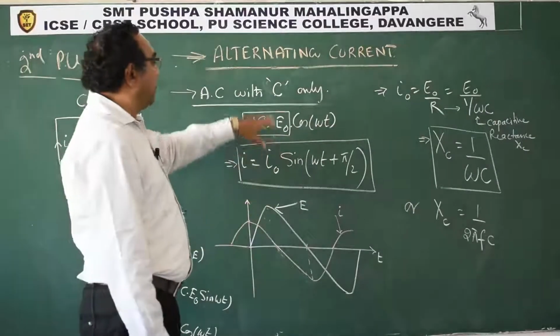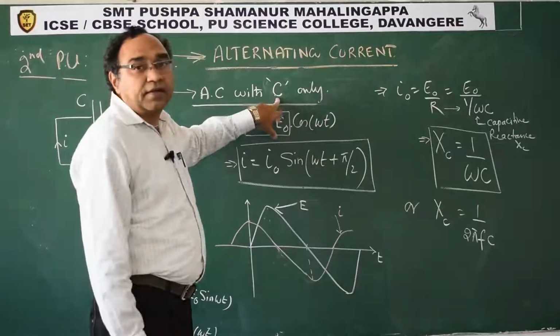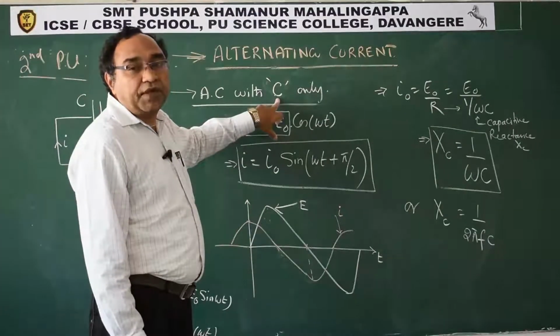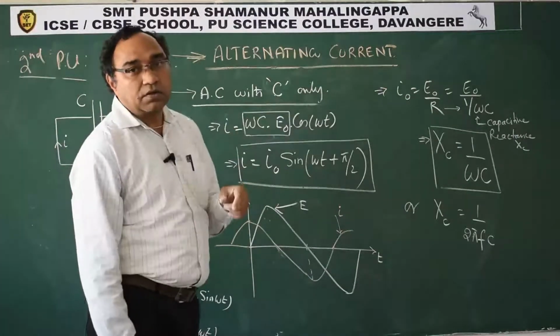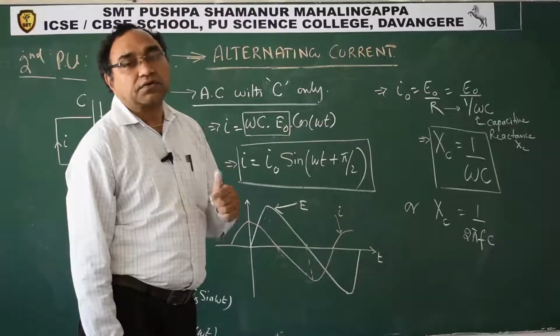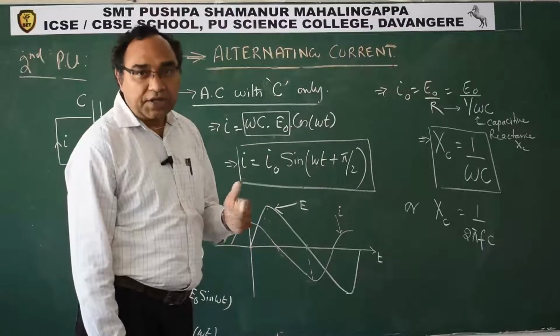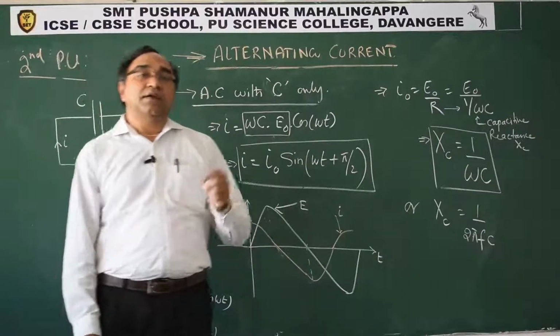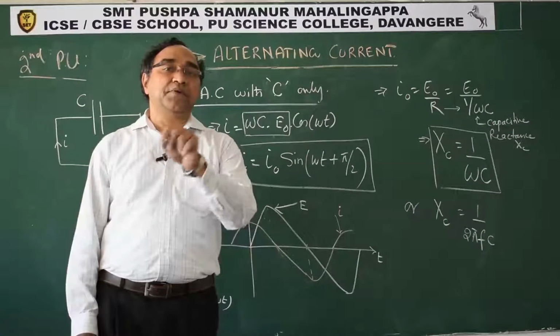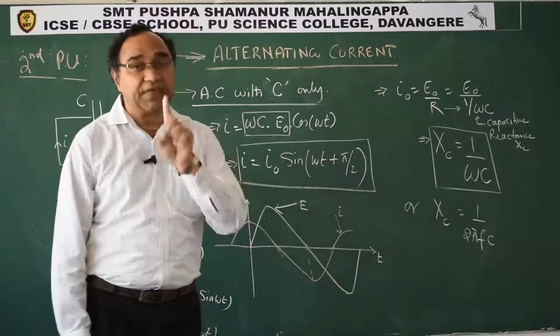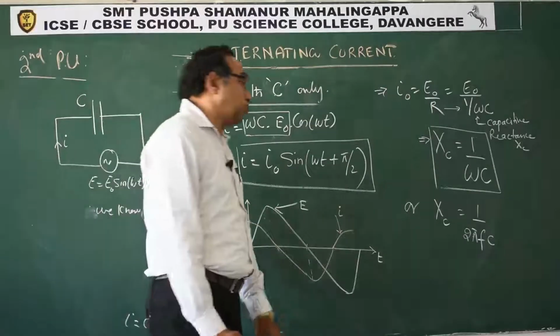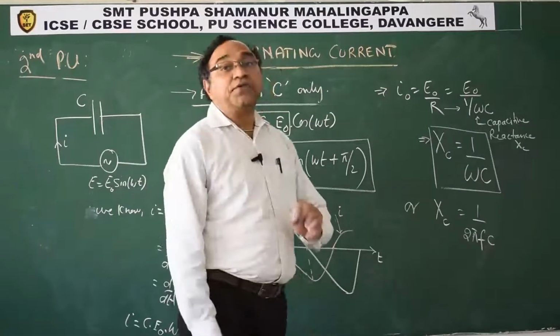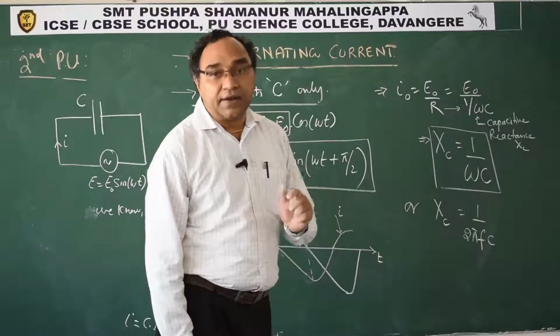Second, we have seen the L only circuit. In the L only circuit, the expression for current is I equals I naught sine of omega t minus pi by 2, which means that the current lags EMF by pi by 2. How much is the resistance offered by an inductor?